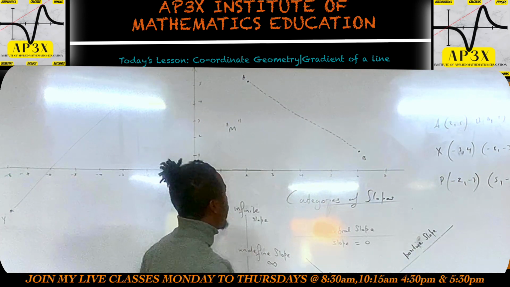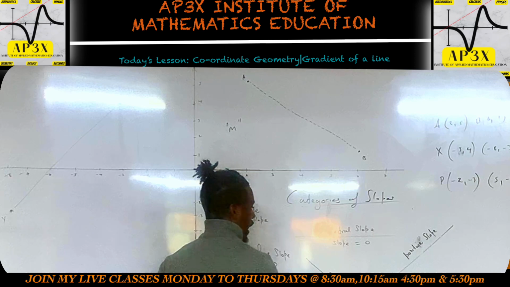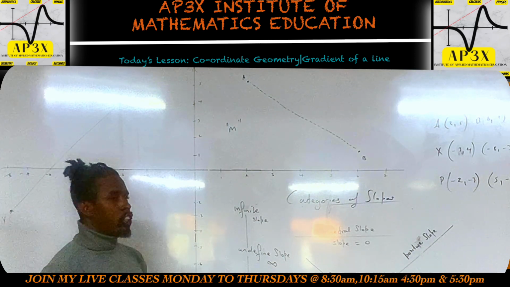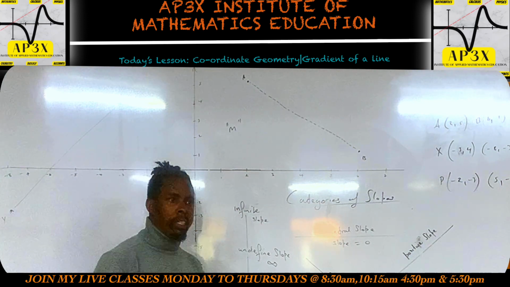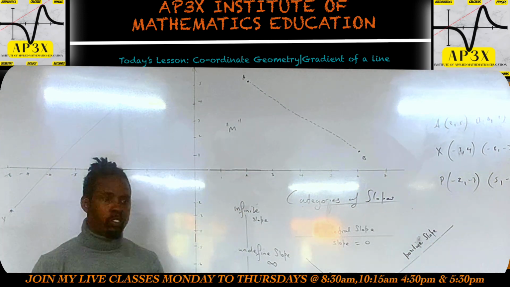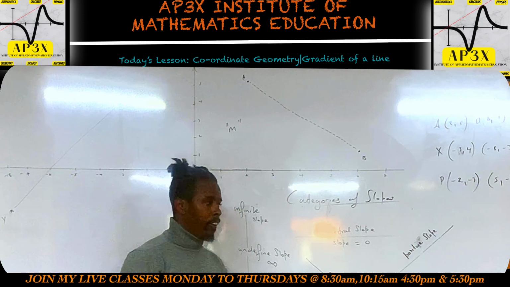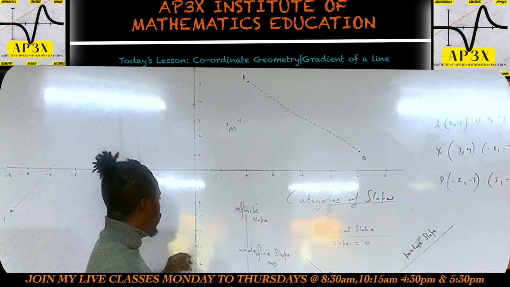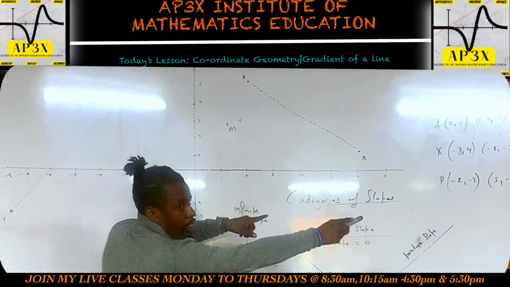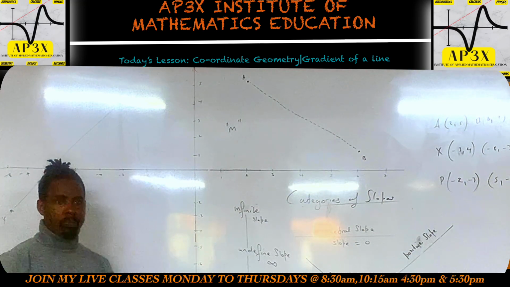Negative slope, because this one looks like this one. So you're expecting that the value is going to be a negative answer. Negative 1.5, negative 2.5, negative 3, we don't know. And then of course this one that I had here looks a lot like this one again. So that's also a negative slope.